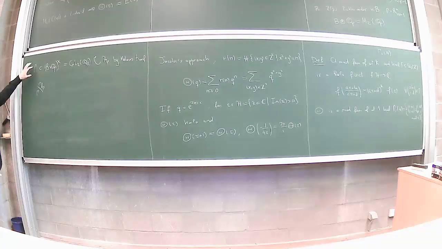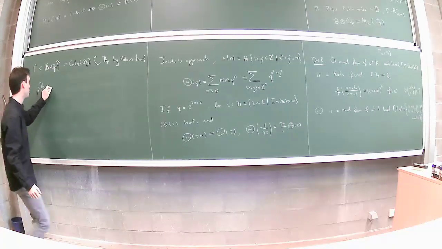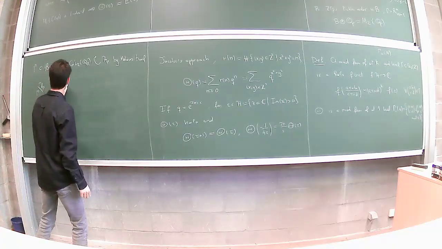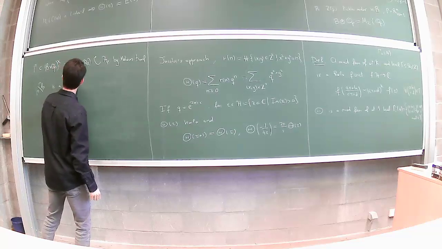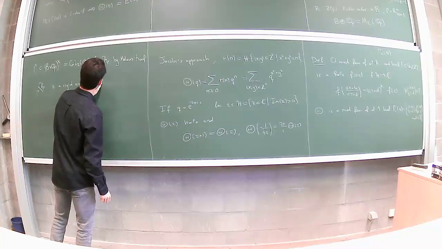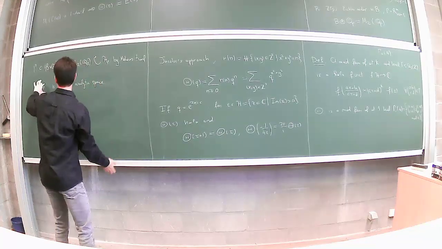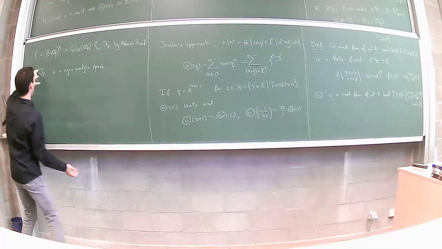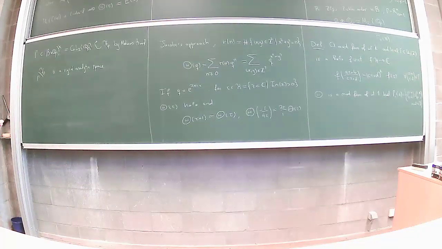And this action is nice because it's discrete, and therefore this quotient has a nice theory of analytic functions. Or in other words, it's a rigid analytic space. The idea is that studying this quotient should tell you some nice arithmetic information about the group gamma, in a way.